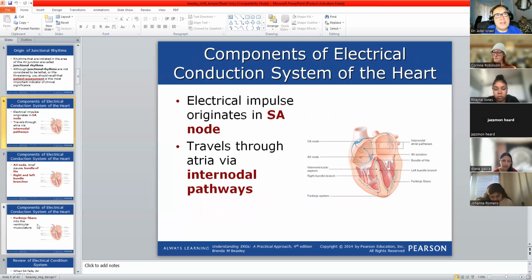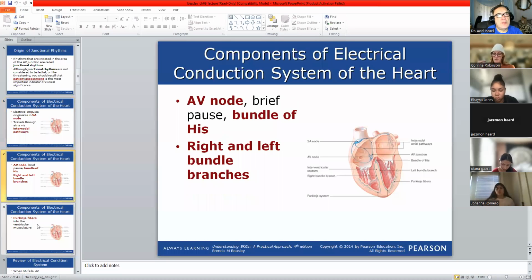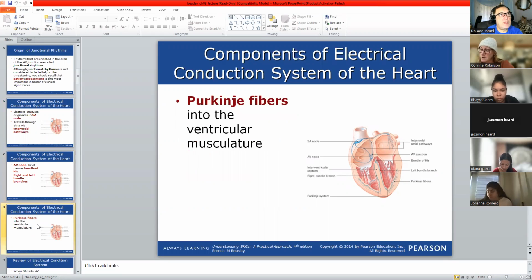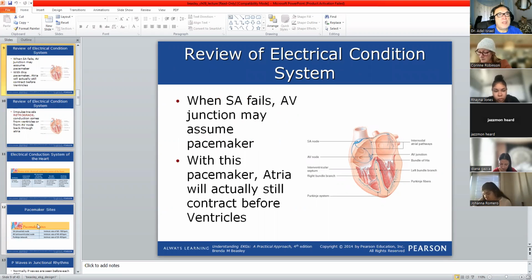Then you find the similarity in each chapter: the SA node, going to the internodal pathway, then to the AV node and bundle of His, right and left bundle branch and Purkinje fiber. So we repeat each time. There is no excuse for anyone to say that they put them in the wrong order, because in the exam they ask you about the order, and if you do not follow the order, of course you will get no credit.